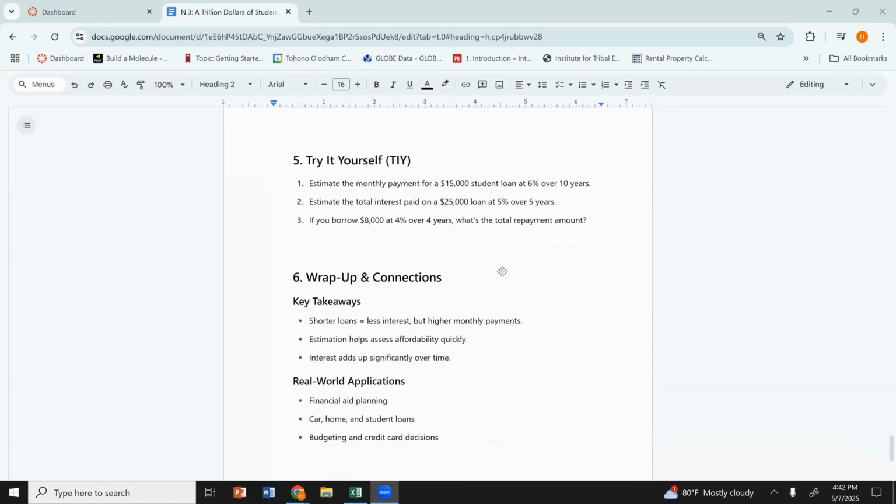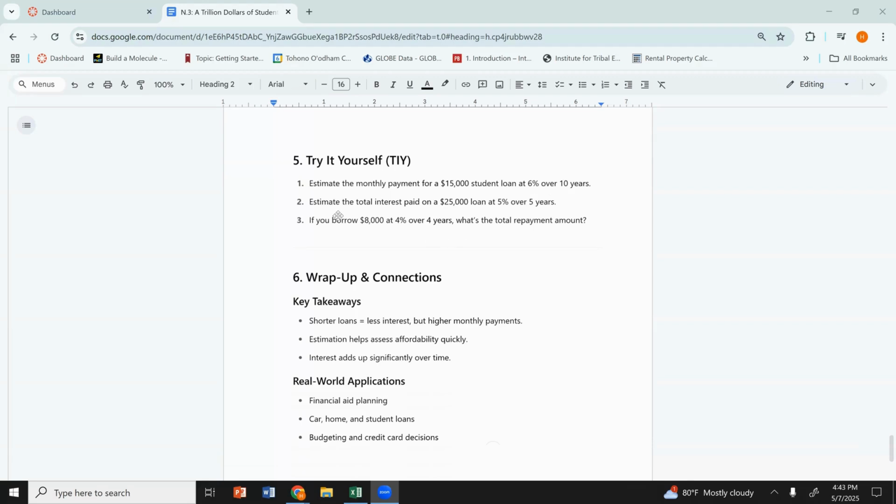Try it yourself. So these are some examples that you can try yourself. We walked through similar examples. Question number 1, estimate the monthly payment for 15,000 student loan at 6% interest over 10 years.